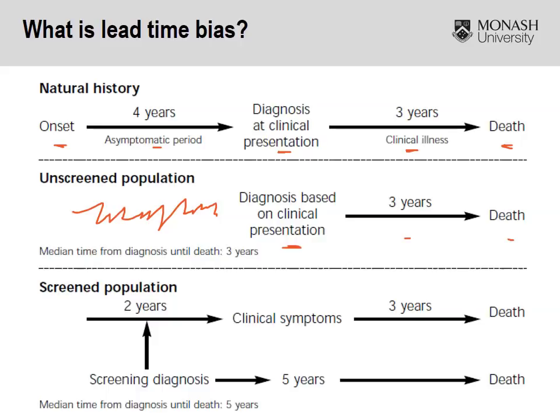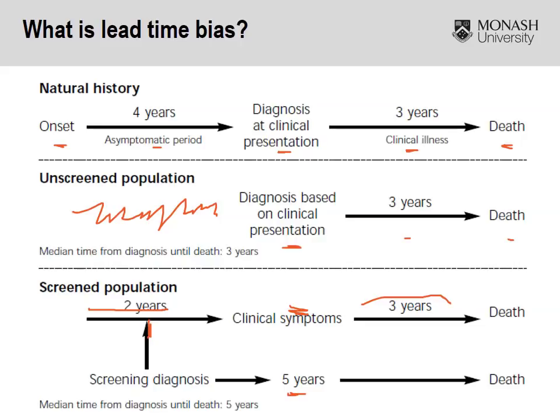Compare that to the screened population, where we may have an example of 2 years, at which point in time screening detects the cancer, so we bypass the clinical symptom stage, and then similarly there's 3 years of clinical illness, and so we end up getting a time from diagnosis of 5 years.